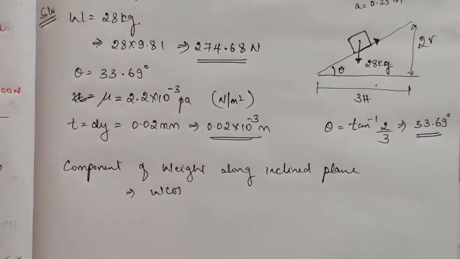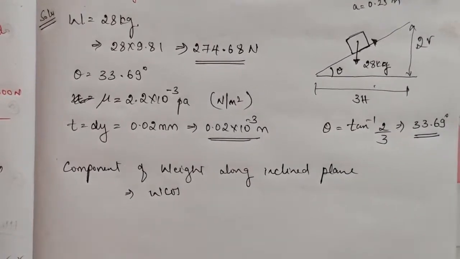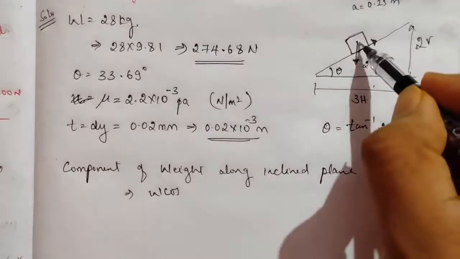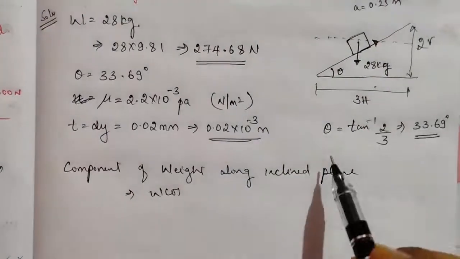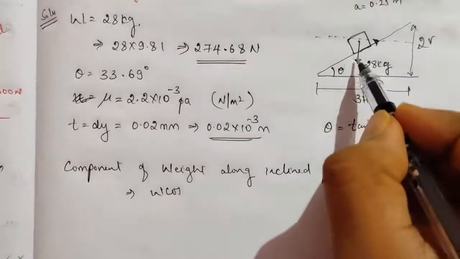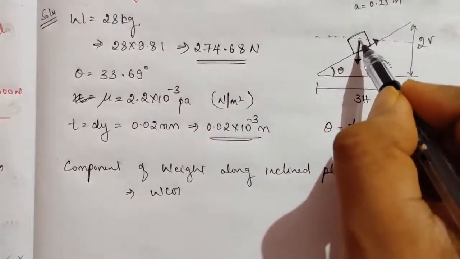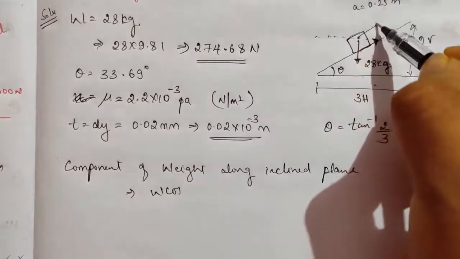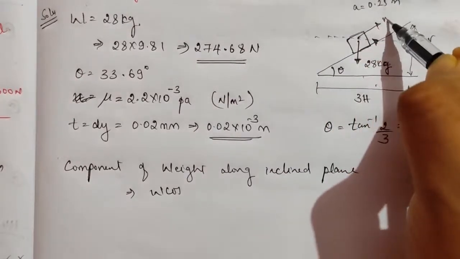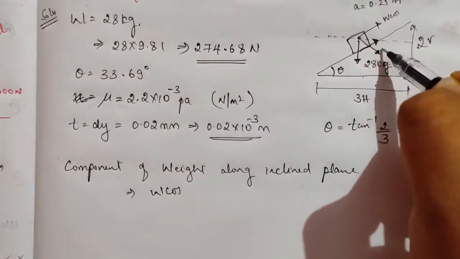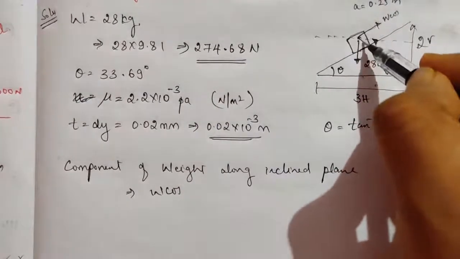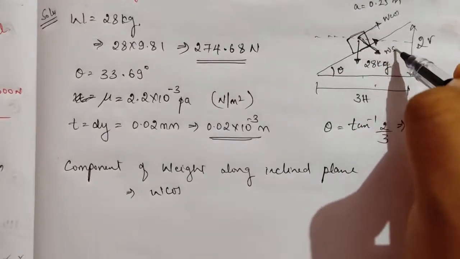33.69 is given, right? Now what will happen here? See, if I take a line parallel to this, this is theta, so the component will be W cos. This is 90 degree towards perpendicular, so that is W sin.